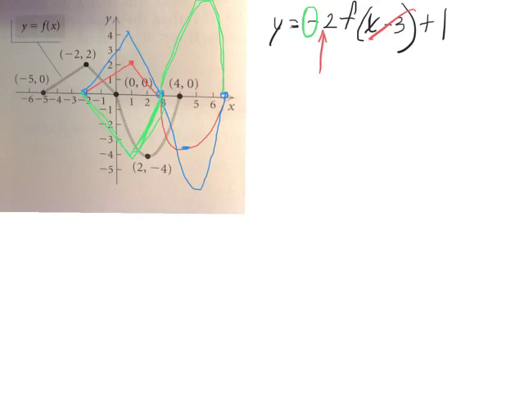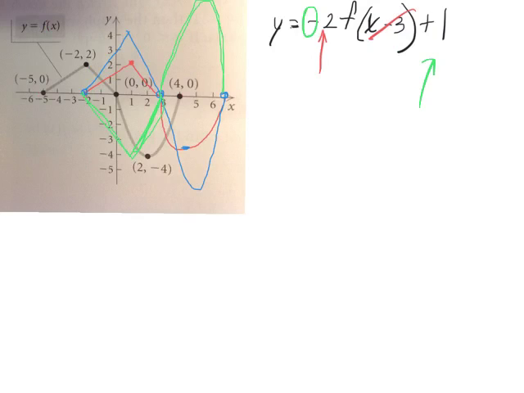Okay, the only thing left is our plus 1. And that plus 1, let's see if I can get another color here. Let's try yellow here, see if you can see that. We're going to shift it 1 unit up according to vertical translation. If there is a number added to this whole thing, you're going to shift it up. If it's subtracted, you're going to shift it down. And since it's a plus 1, we're going to shift 1 unit up.